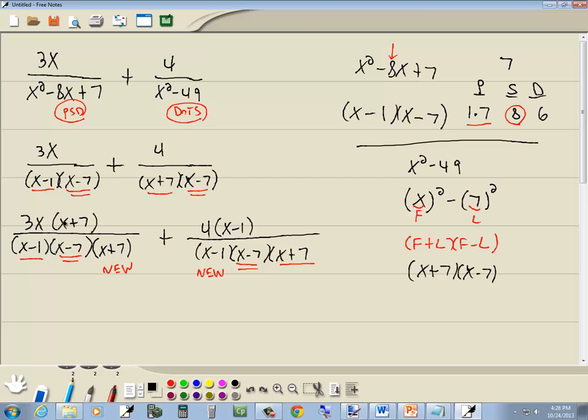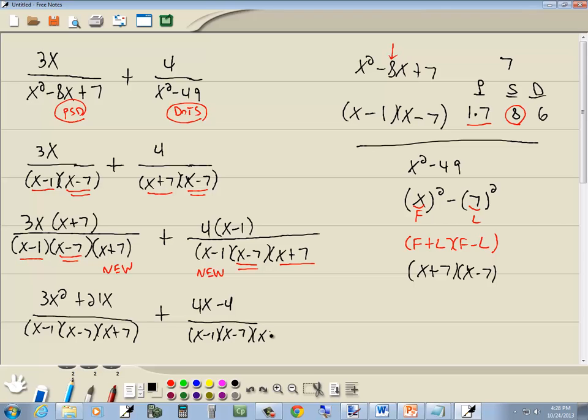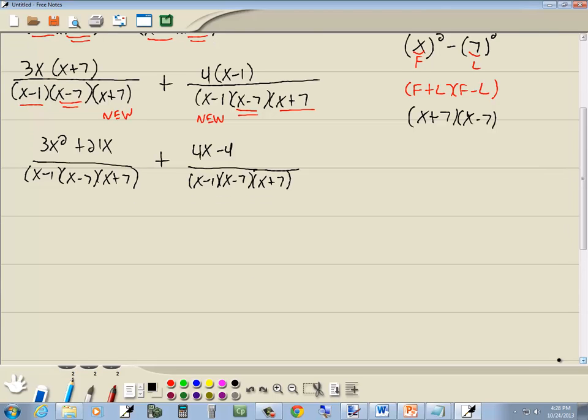Well, get rid of the parentheses up here. 3x times x is 3x squared. 3x times 7 is 21x over our denominator. Now here we have 4 times x is 4x. 4 times negative 1 is negative 4 over this. Now, since they have the same denominator, our next step says to add or subtract the top parts.